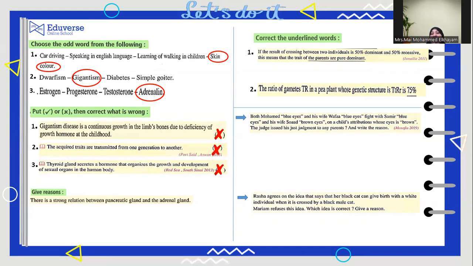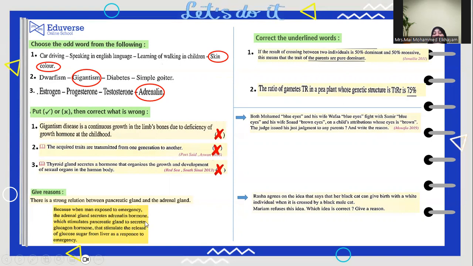The adrenal gland, as we said, stimulates the body if you have any emergency case, like fight and flight. If you are going to fight or even run, you need some energy. When you need energy, the pancreas will release the glucagon hormone.